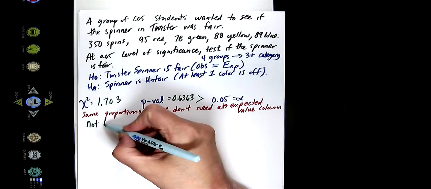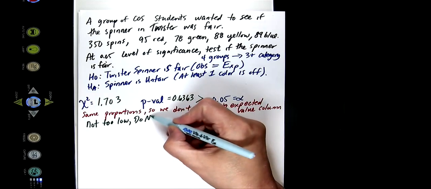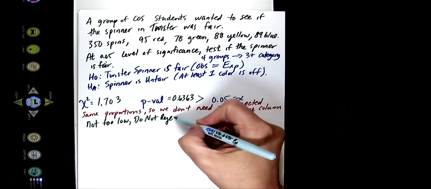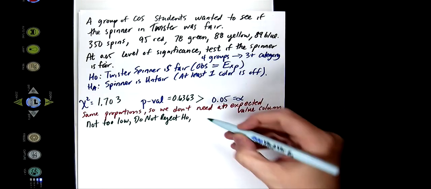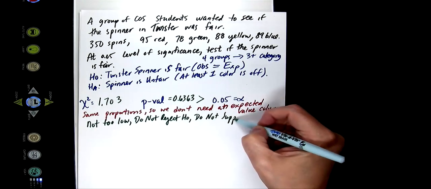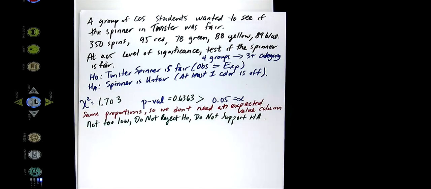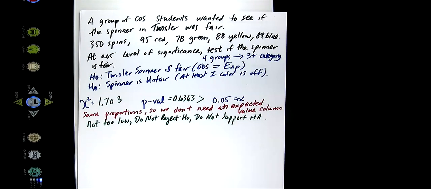It's not too low. Do not reject H naught. Do not support HA. HA is that the spinner is unfair.